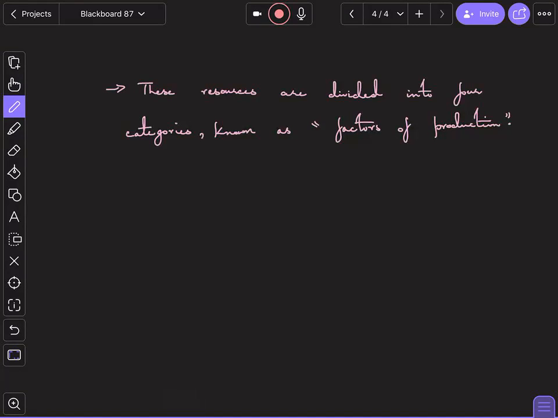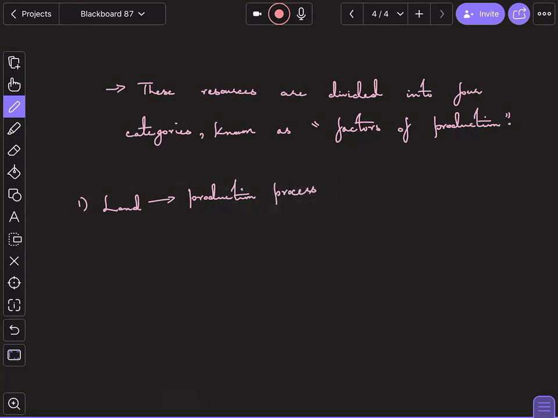So the first one is land. What is land? In economics, land is divided into two types. One is the space utilized in the production process.